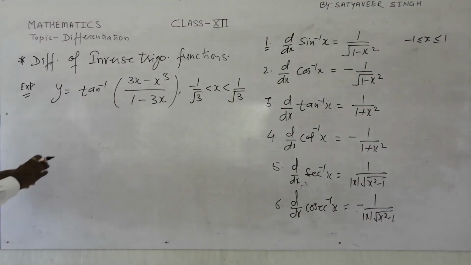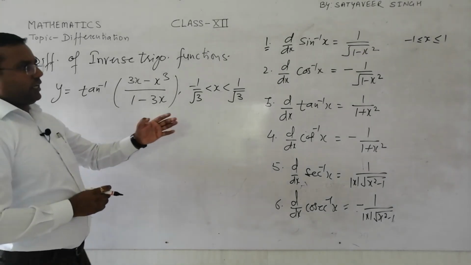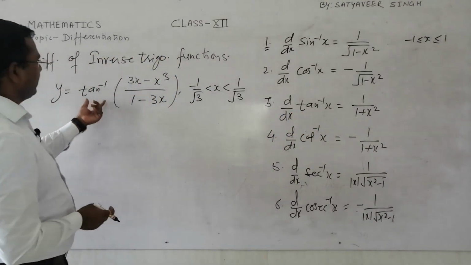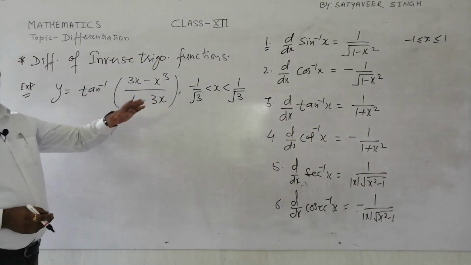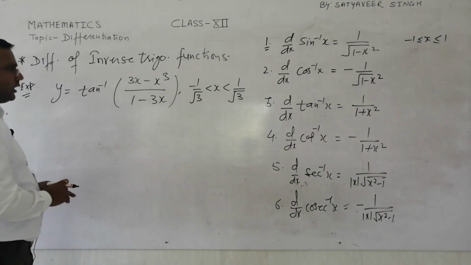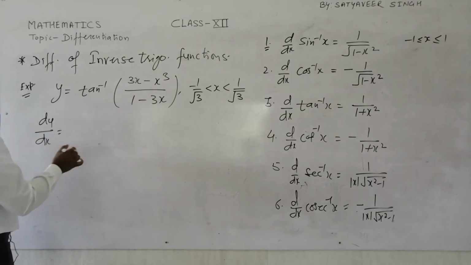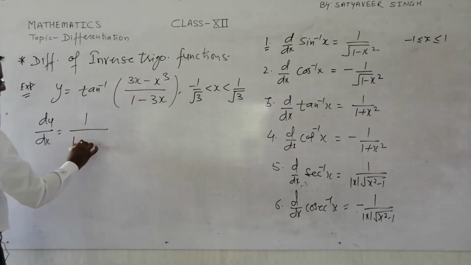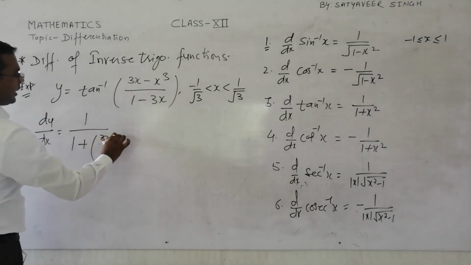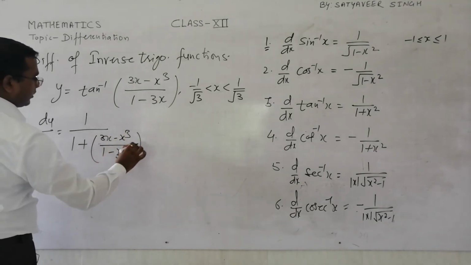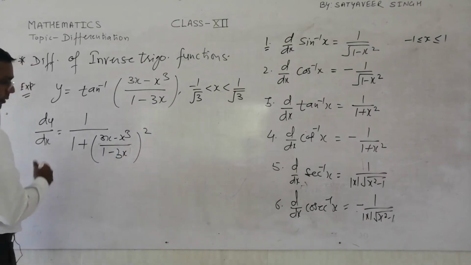So students, we can differentiate this. If you look at this formula here and correlate it with tan inverse x, we can directly apply it. It may come to your mind that we can directly find dy upon dx is equal to 1 upon 1 plus x square, like this maybe.